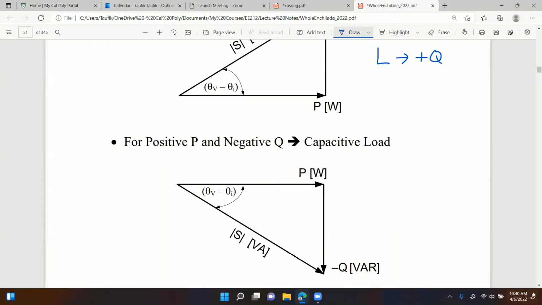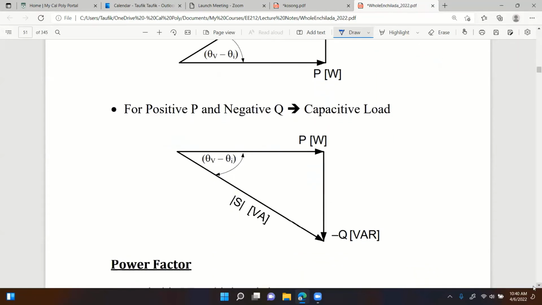The reactive power is negative, in quadrant number 4. Since Q is negative, we know this is coming from C, from a capacitor. So that's why it is coming from a capacitive load.